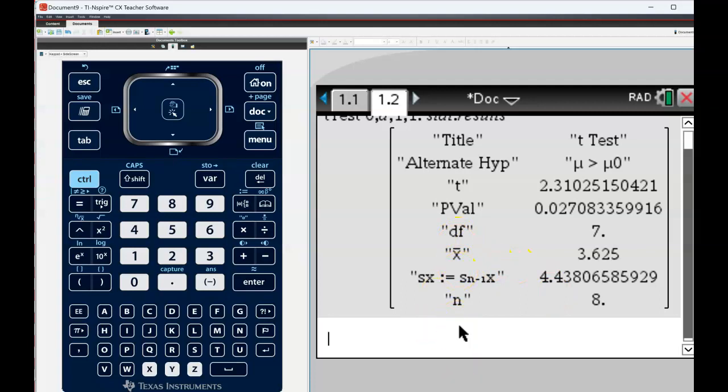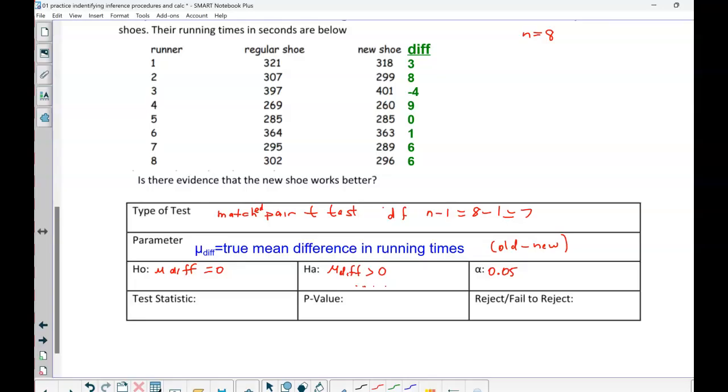And so I'm going to record that information. So the statistic is a t since we're dealing with means. Our p-value was 0.0271. And since it's less than 0.05, the p-value is less than 0.05, I'm rejecting H0.